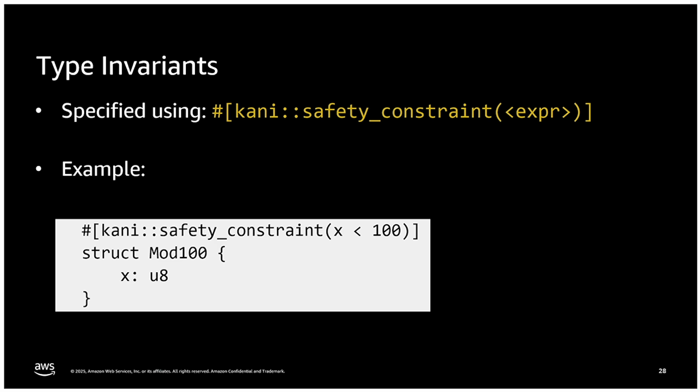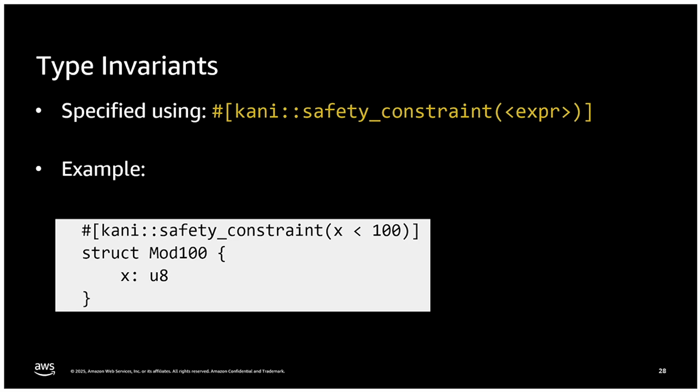Last thing I wanted to talk about is type invariants. And these are specified using kani::safety_constraint and a certain condition. So the example I'm showing here is a structure that is representing an unsigned integer that is modulo 100.